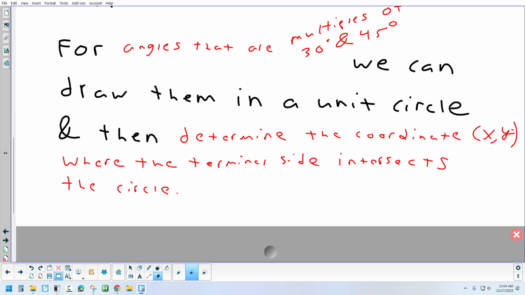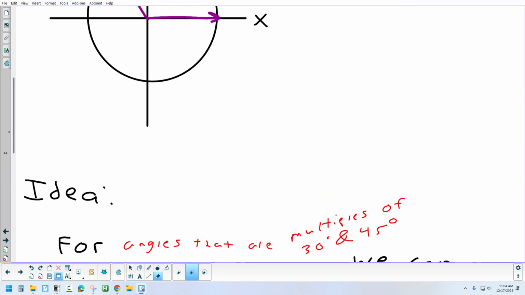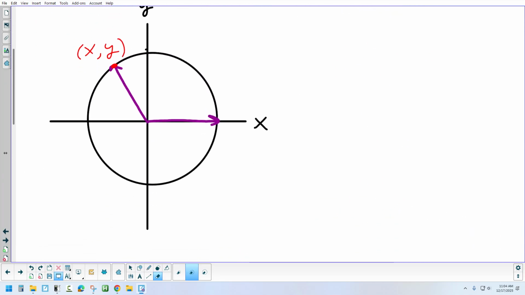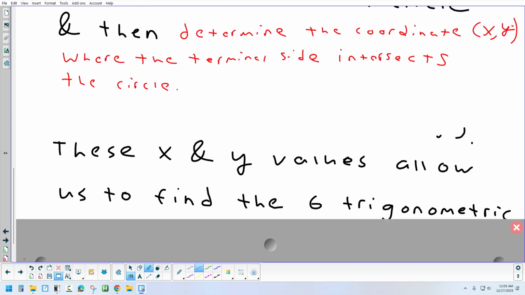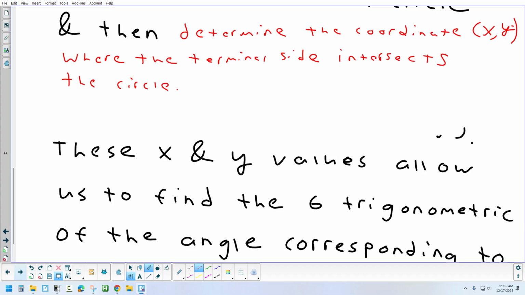The circle diagram you showed a few minutes ago, is that the unit circle? That is the unit circle. Yep. So that means it would have a radius of what? 1. 1 unit from here to there. So once we find those coordinates, the x value and the y value are going to be plugged into a formula.